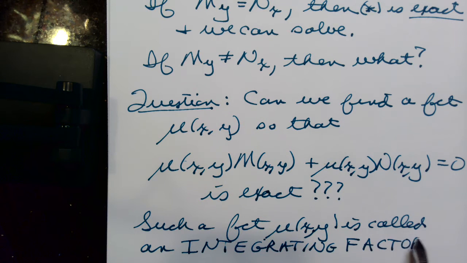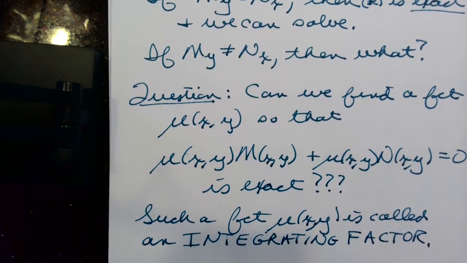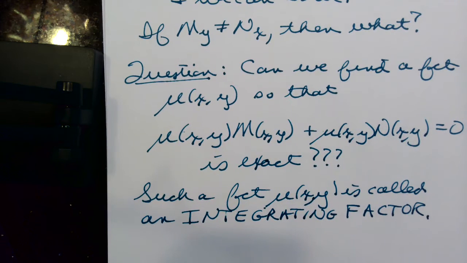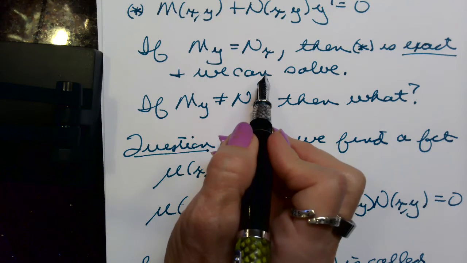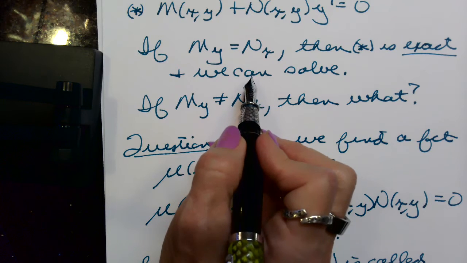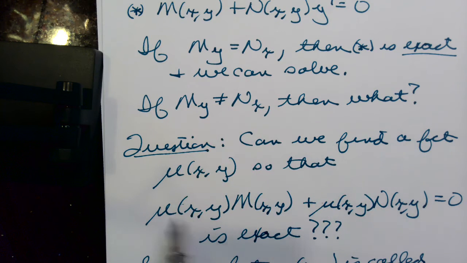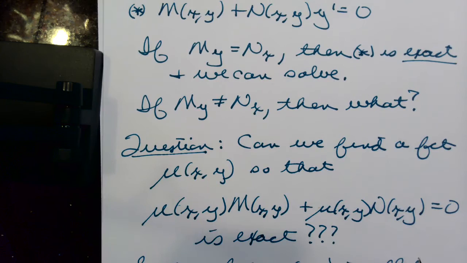And as I said, sometimes it's not possible to find it. Sometimes the equation to find the integrating factor is just as hard as the original equation. For example, in the exact equation case, it turns out the integrating factor is just 1, identically equal to 1, because when you multiply by 1, you get something that's exact.